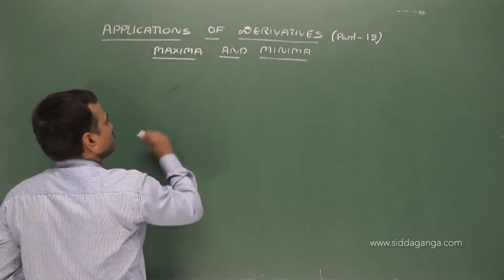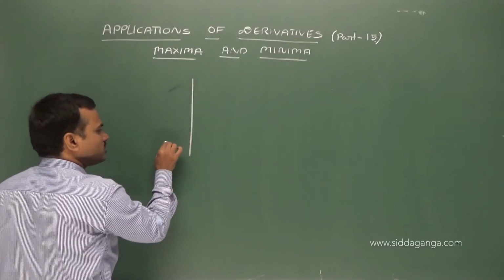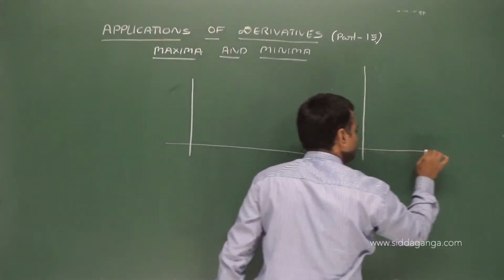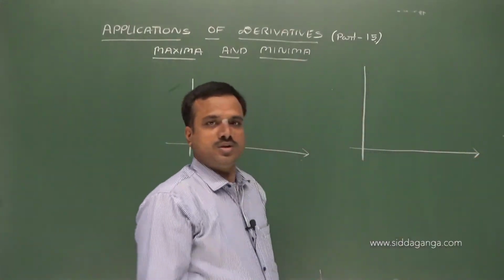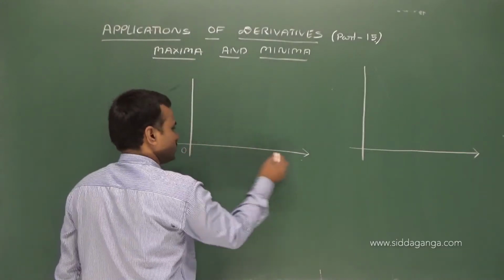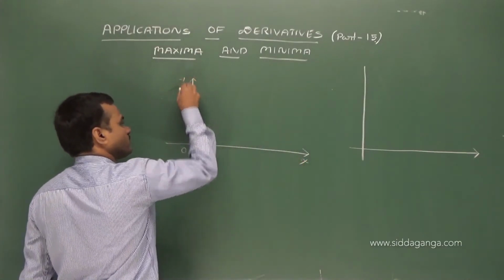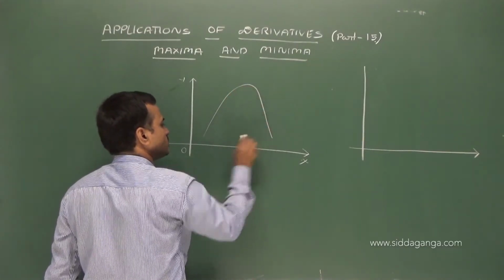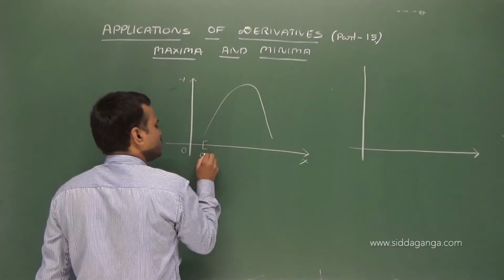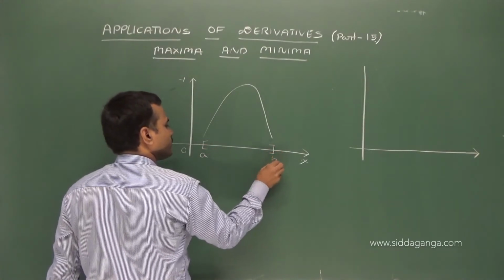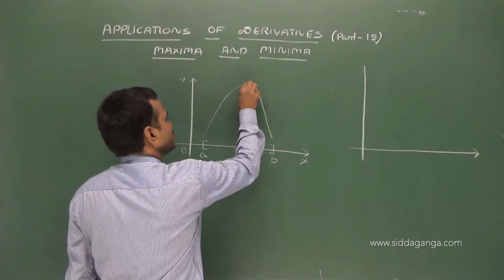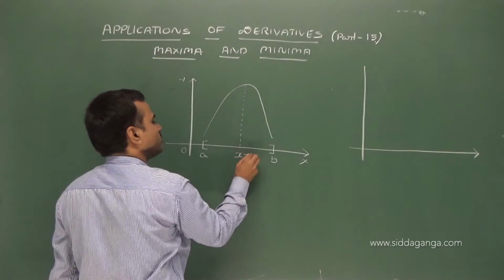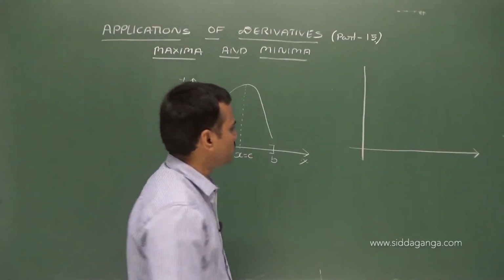For that, I draw two curves. This is the origin, the plane, everything you know. Here also I draw the curve in the interval a to b. This is the point x is equal to c.